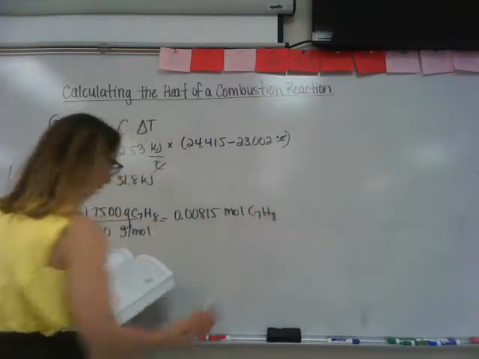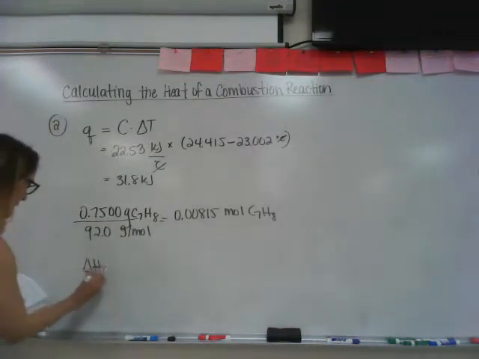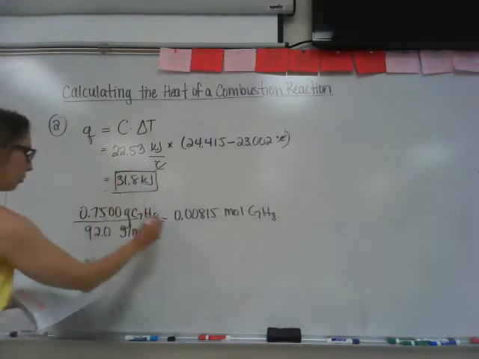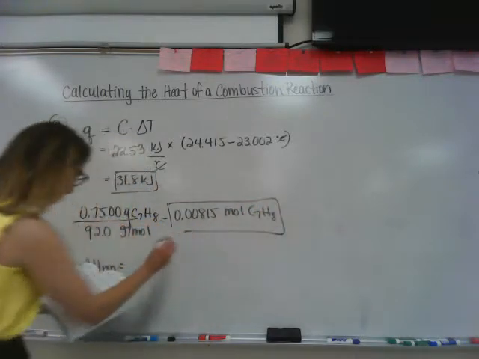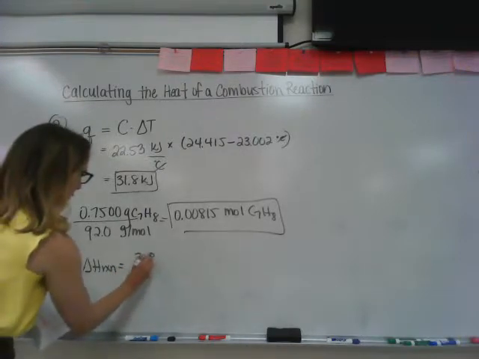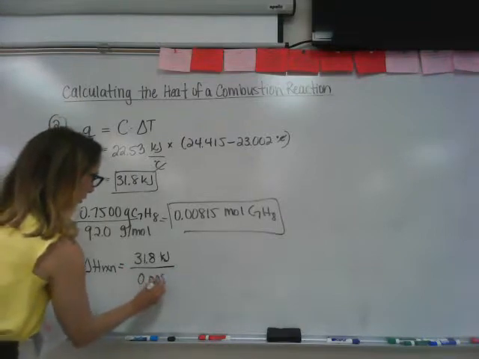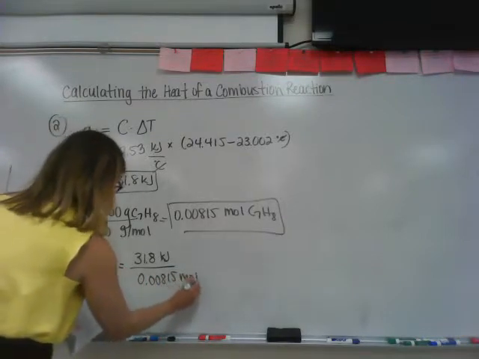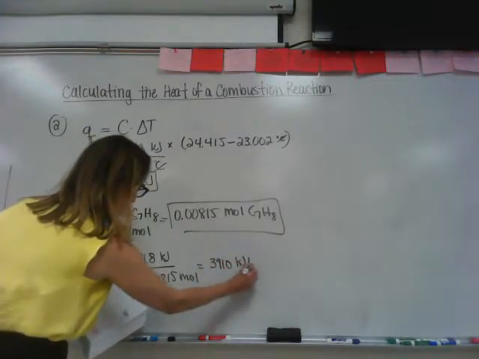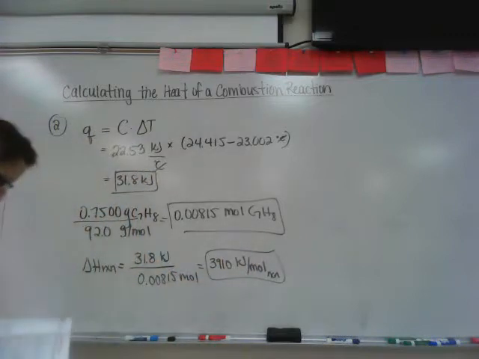And then to get the enthalpy change of the reaction, you're going to take Q and divide it by moles, so we have units of kilojoules per mole. So 31.8 kilojoules divided by 0.00815 moles is going to give you 3910 kilojoules per mole of reaction.